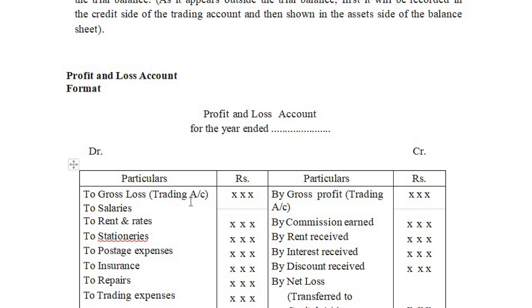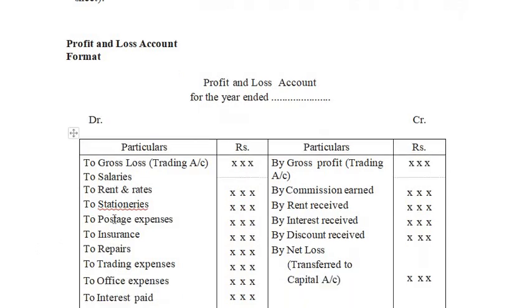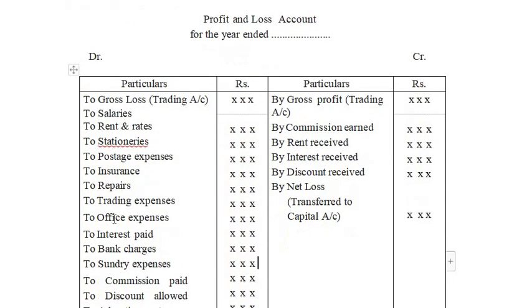See here, salaries, rent and rates, stationery, postage, all these expenses are incurred not on the factory. All those expenses are incurred on the office floor. You can go through them once or twice, so you are able to memorize and recall them while solving the problem.